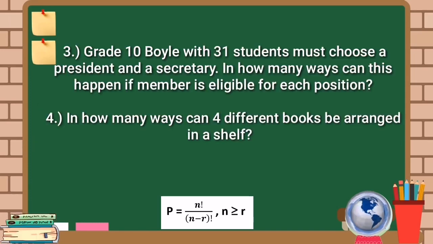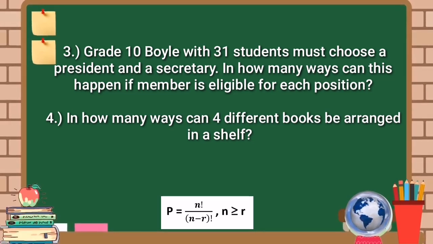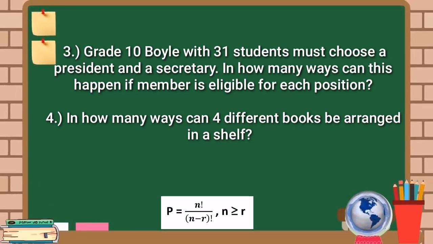Number 3, a Grade 10 class with 31 students must choose a president and a secretary. In how many ways can this happen if each member is eligible for each position? Number 4, in how many ways can 4 different books be arranged on a shelf? Just pause the video and answer. And if you're done, just press the play button.